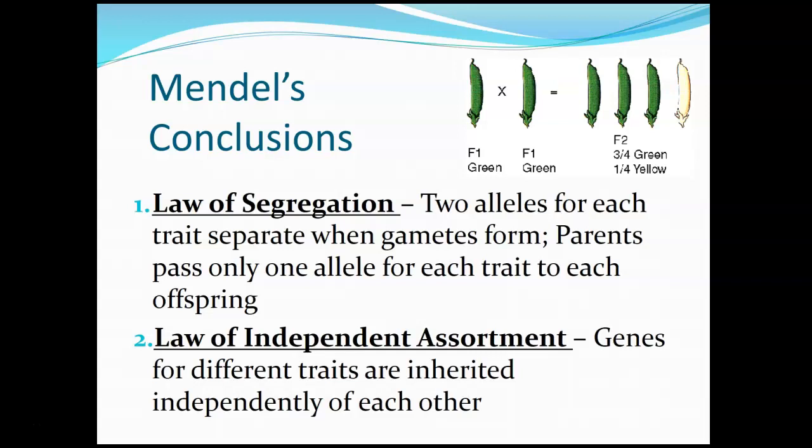He also came up with the law of independent assortment, so genes for different traits are inherited independently of each other. That means you don't just get one set of traits from your dad. It might be just a jumble of different traits that he inherited that you inherit.